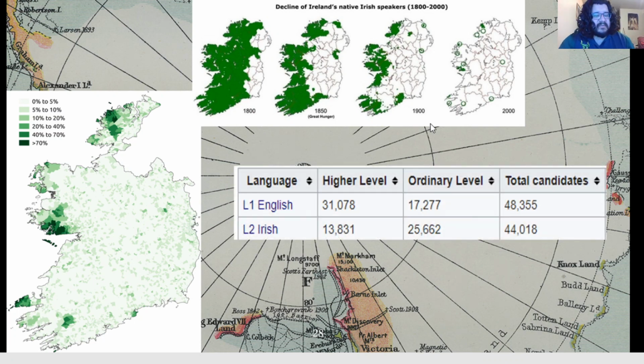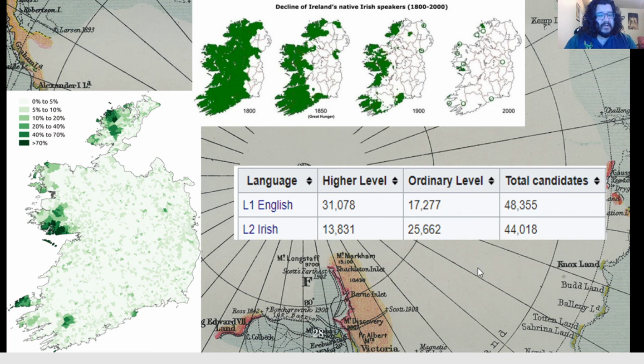Over time, we've seen revival methods come in, right? Because wherever we see language loss, we also see language revival. And usually that's in the form of education, formal education, right? Where they include these languages within the school curriculum to try and revive them and try and keep them spoken, or at the very least used or taught.